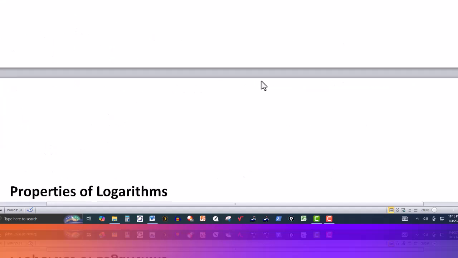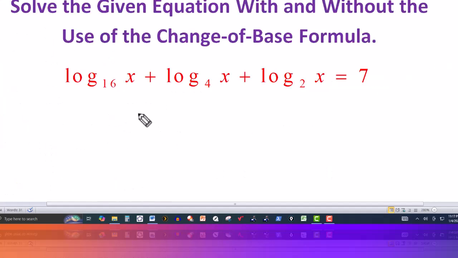So here's what we're going to do for this one then. I'm going to leave this one at 16. The base is 16, so this will stay log of x to base 16. I want them all the same. If I square the 4, that's going to give me 16. That's okay.